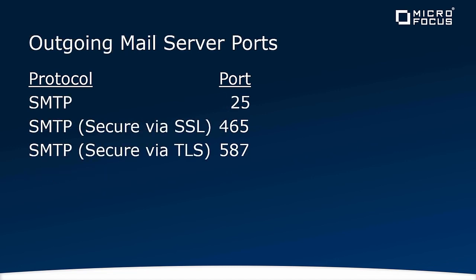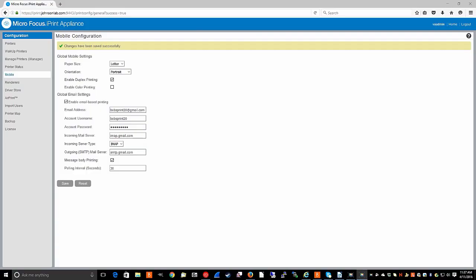And here are the outgoing mail server ports the appliance will use. If you have customized your mail server to listen on any ports other than these standard ports, the email configuration will fail. If you have configured the email settings correctly, when you save the configuration, it will return "Changes have been saved successfully," as seen on the screen.